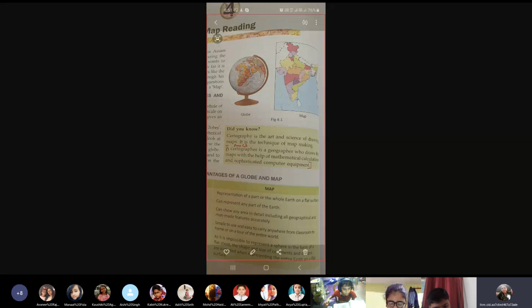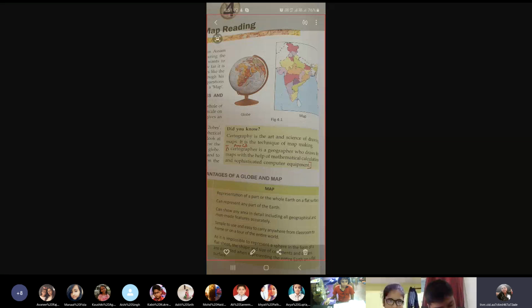Now, the person who does all this is called a cartographer. So, drawing of maps accurately is called cartography, and the person who draws maps according to the scale with mathematical calculations and computerized technology used, is called a cartographer.